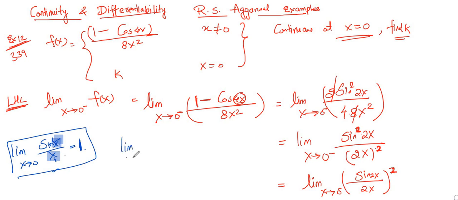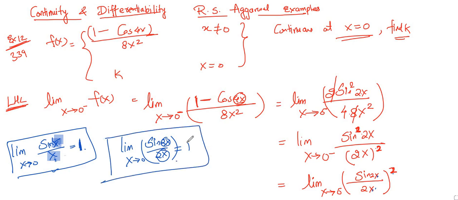See here, limit x is tending to 0, sine of 2x by 2x, then also it is 1. These two should match. Here you can see these two are matching. So we can apply this formula pretty much. And this is nothing but 1. So this will be nothing but 1 square, because this is a square and this is 1. So this is my LHL. I hope it is clear.